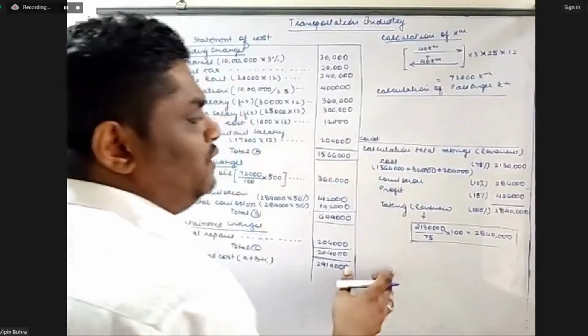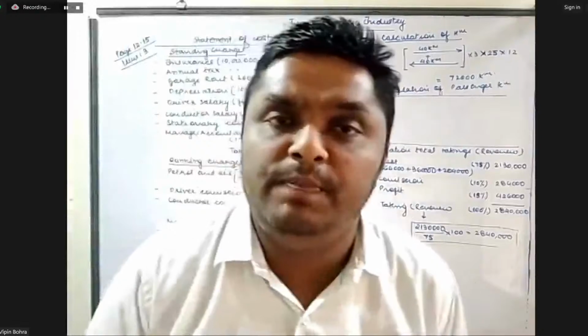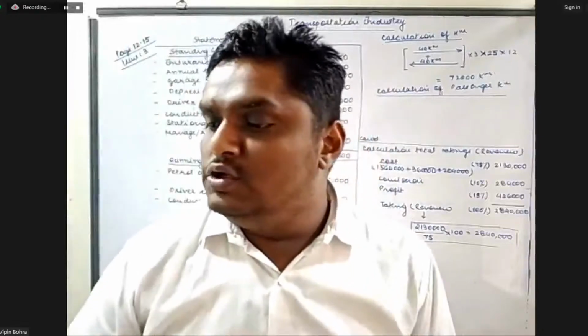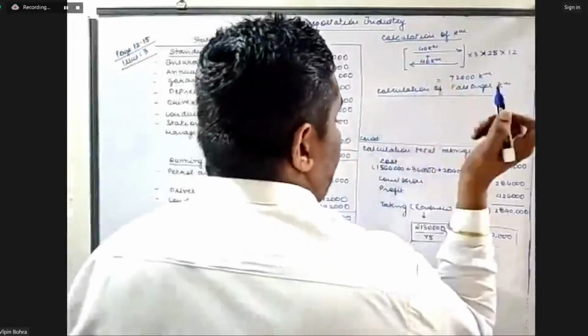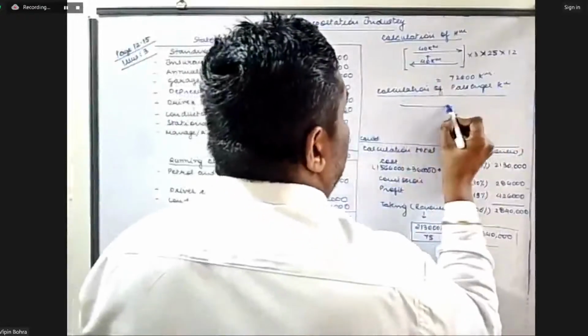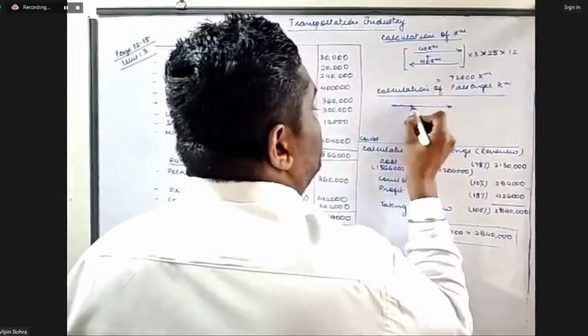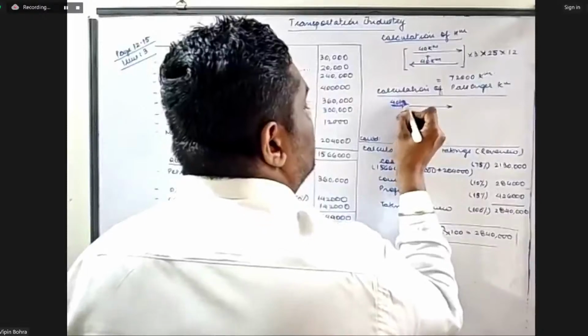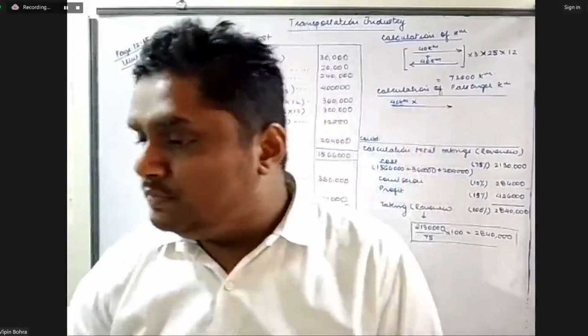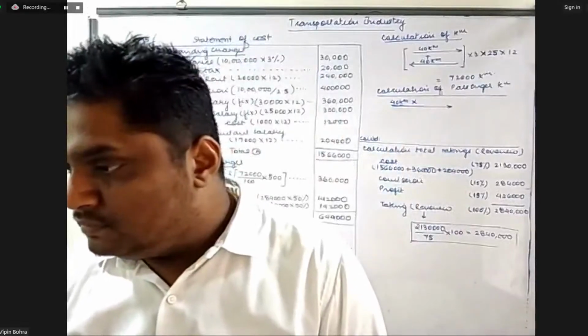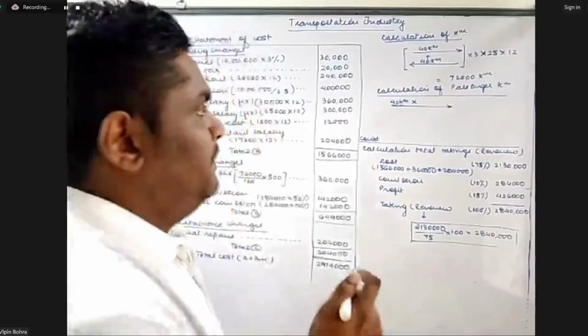Now, herein we are required to calculate the fare to be charged per passenger per kilometer. So we need to calculate the passenger kilometers also. So herein, in the onward journey of 40 kilometers, the number of passengers traveled are how much? 40.